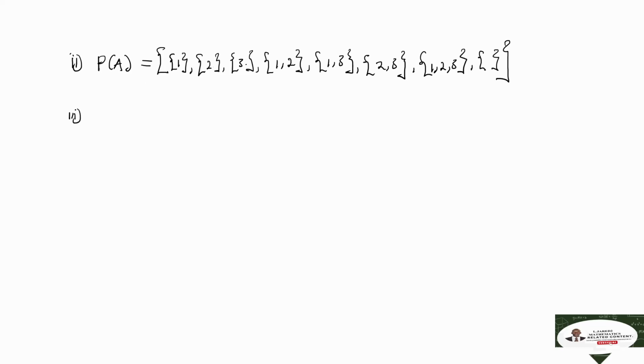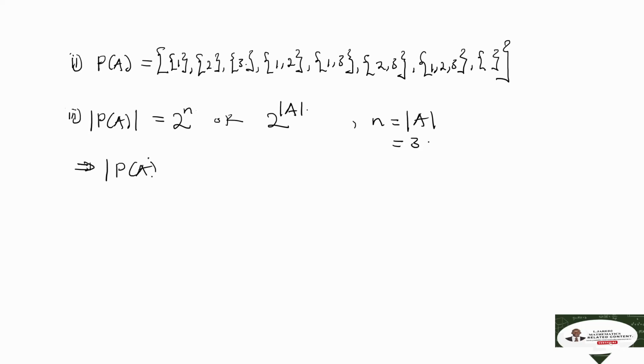Then we have Roman number 3. We are to determine the cardinality of the power set, which is given by 2 power n, or 2 power the cardinality of set A. But we said n is equal to the cardinality of set A, which was 3, implying that the cardinality of the power set equals 2 power 3.